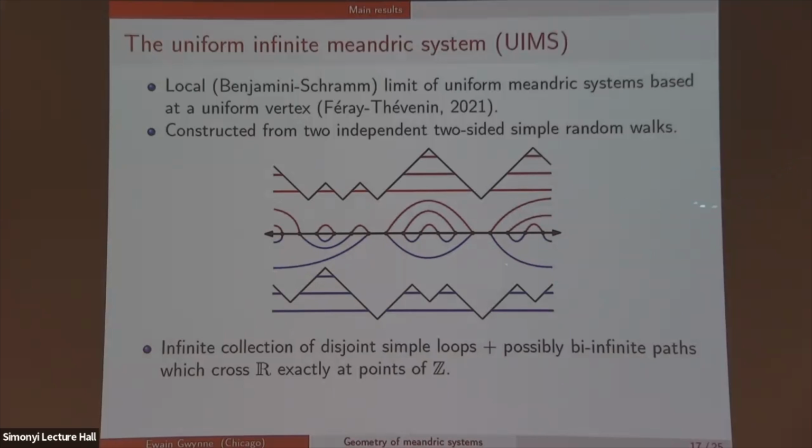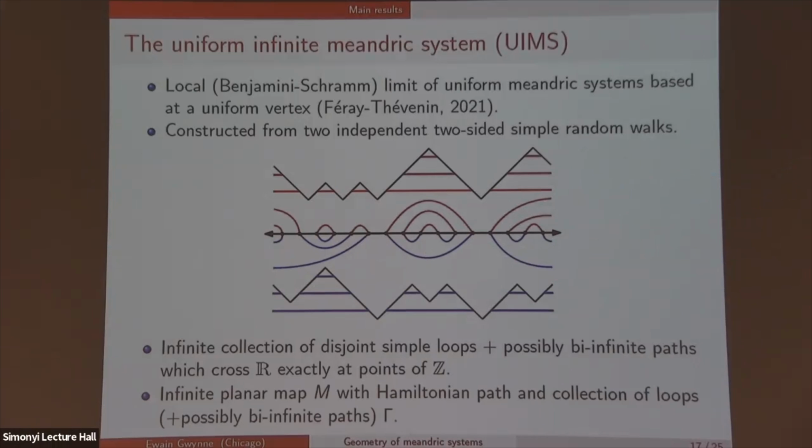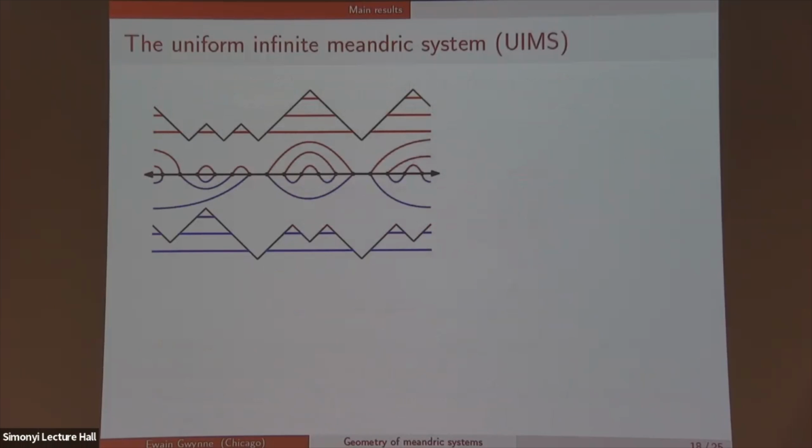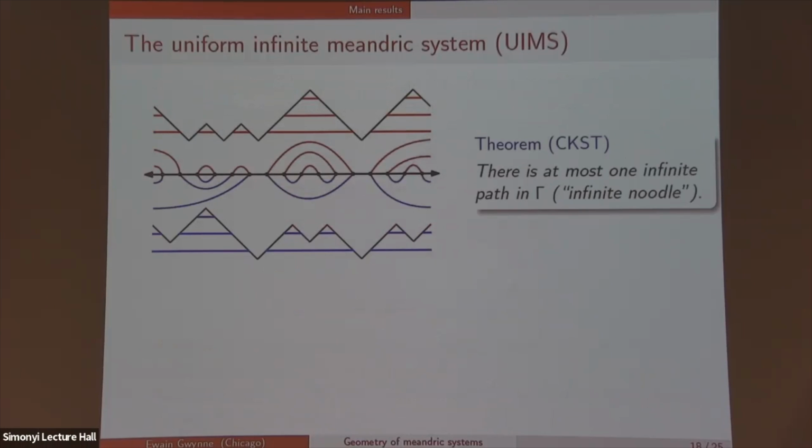So you could have some bi-infinite paths that alternate between tracing the arcs on top and the arcs on the bottom, and which go on forever and never actually close up into a loop. So this is one of the crucial differences in the infinite volume case as compared to the finite volume case. And I'll discuss these potential bi-infinite paths some more momentarily.